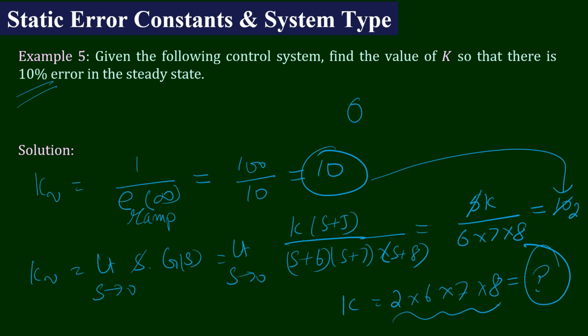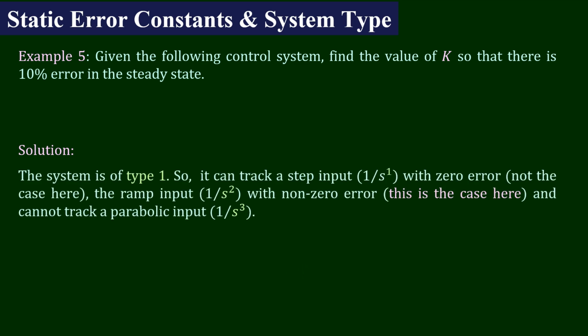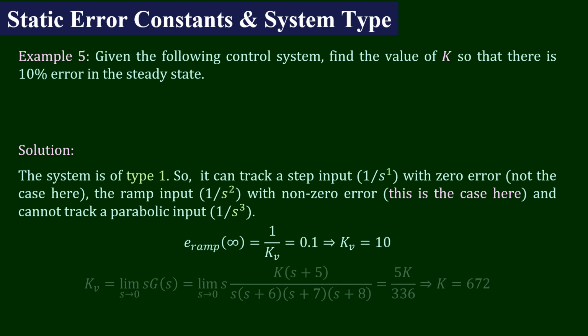So the typed version of the solution is here. This is the discussion which I did, so read it carefully. Using the first equation, E ramp infinity is equal to 1 over kV, which is equal to 0.1, and then kV will be equal to 10.